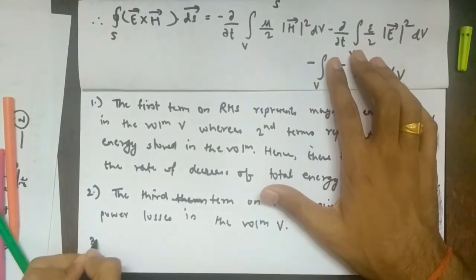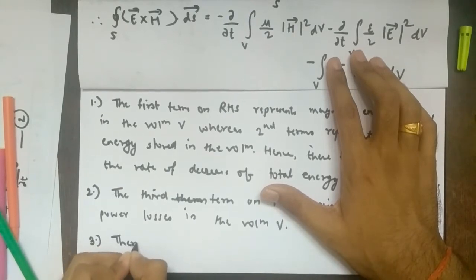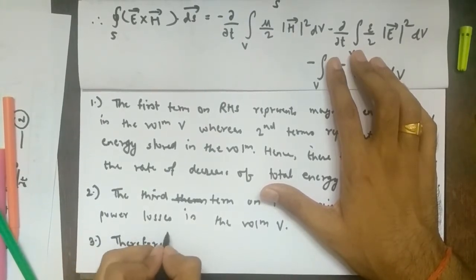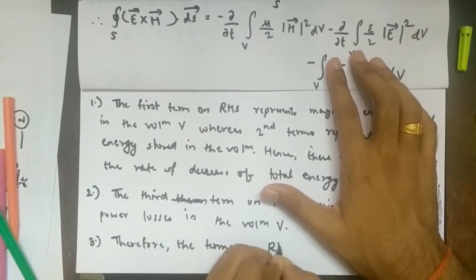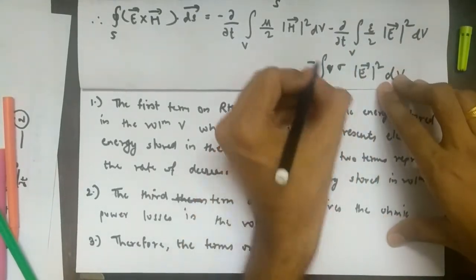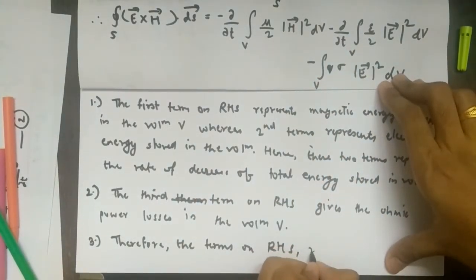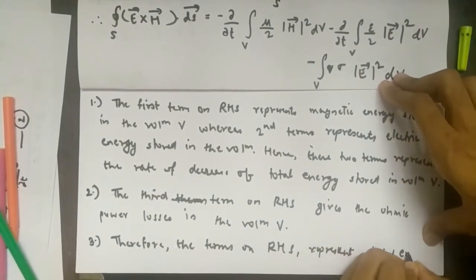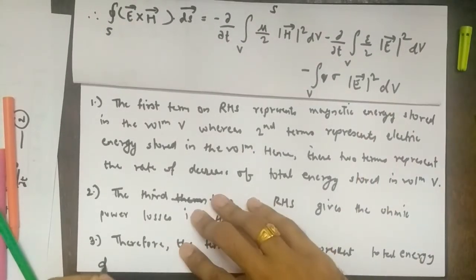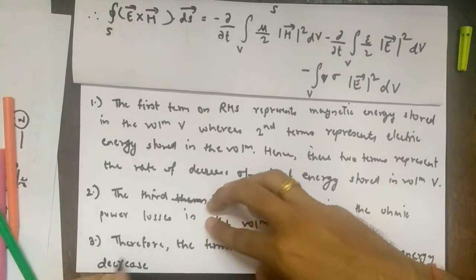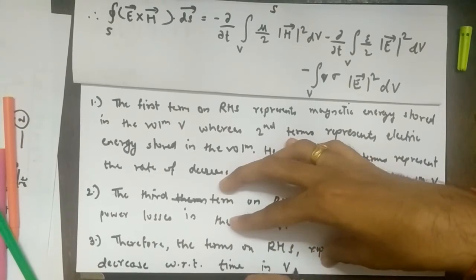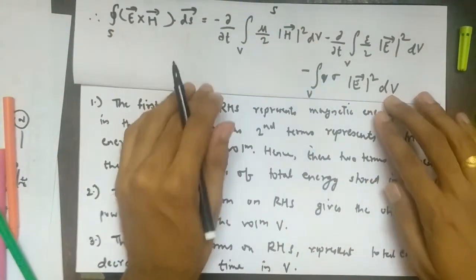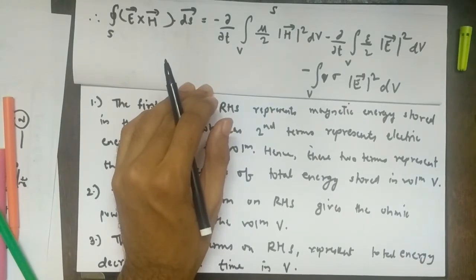Therefore, the terms on the RHS, which are negative, represent the total energy decrease with respect to time in the volume V, right?